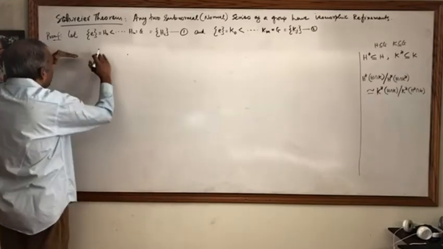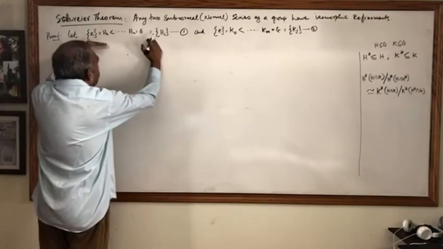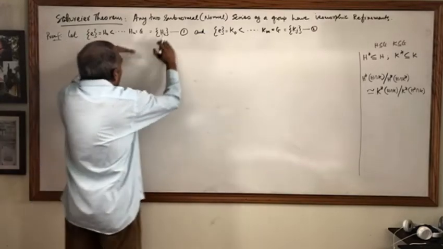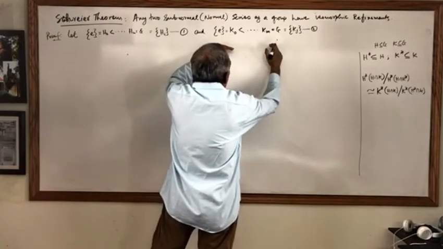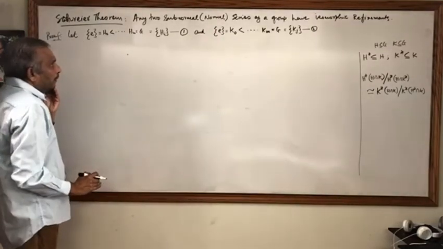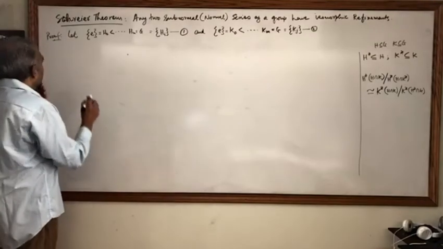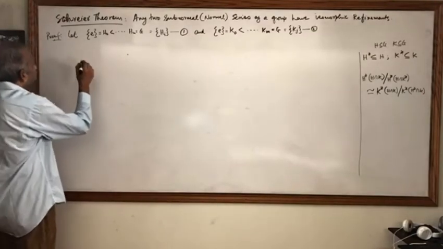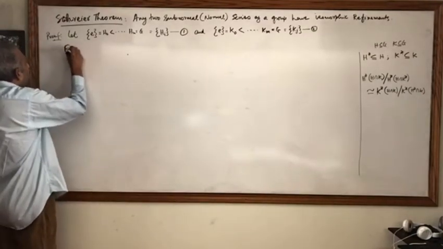But definitely the first contains the Hi's, and the second should contain the Kj's.